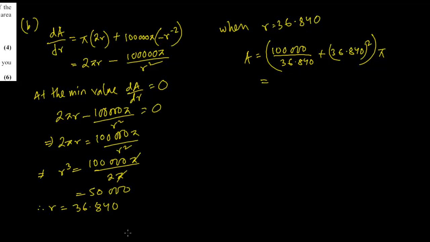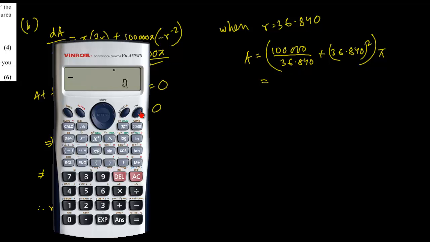So we are going to use the expression that they told us to show. So if we do this, it is going to be 100,000 divided by 36.840. So that would become this, plus 36.840 squared, we get this, multiplied by shift, so multiplied by pi.